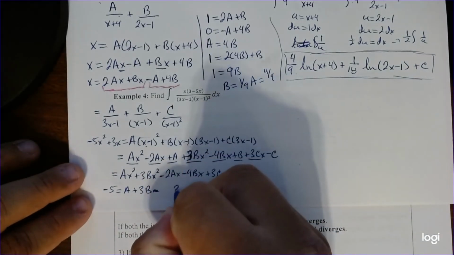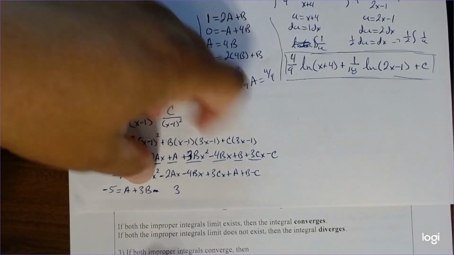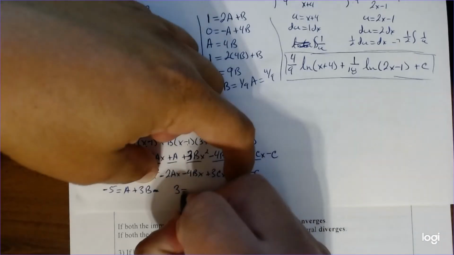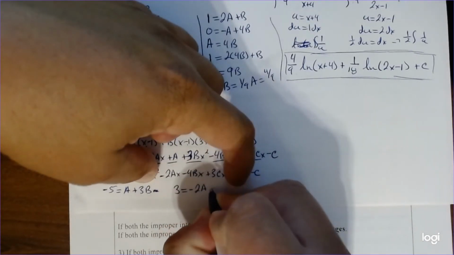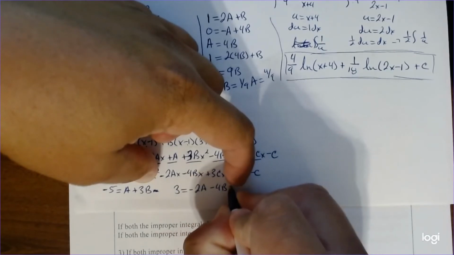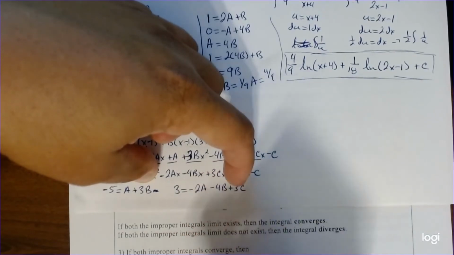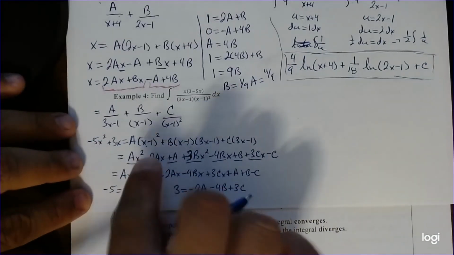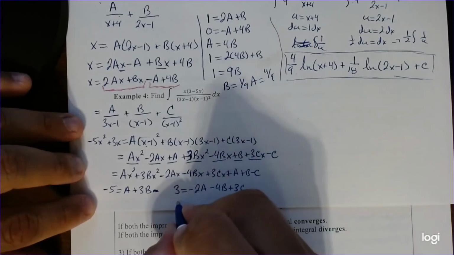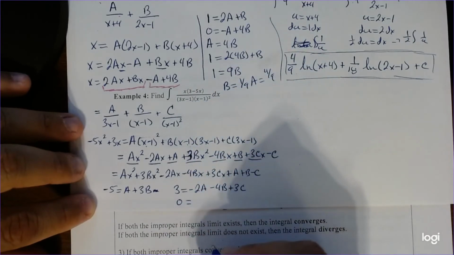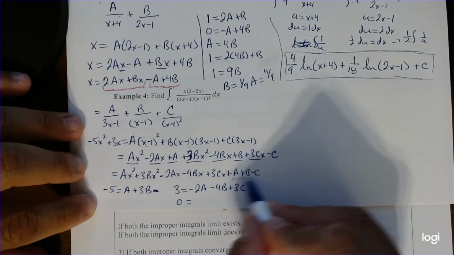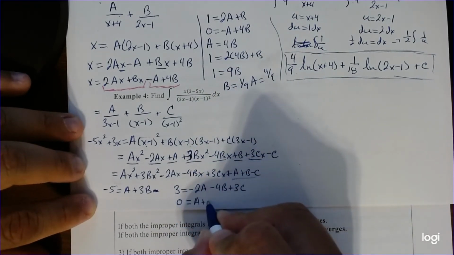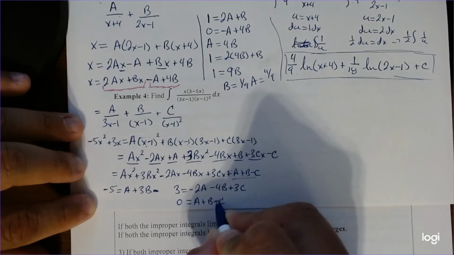We know 3, with single x's, is equal to -2a minus 4b plus 3c. And we also know there are technically 0 whole numbers, so 0, just like the last question, is equal to the last three there, a plus b minus c.